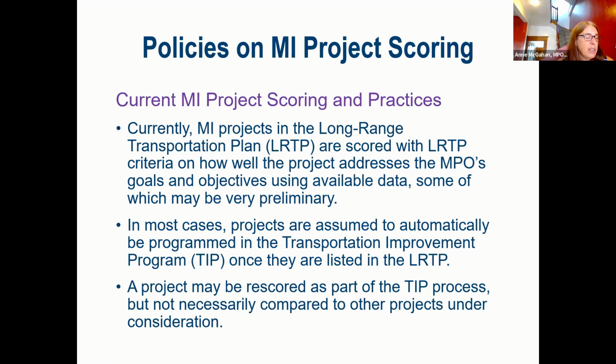In almost all cases, once the project is listed in the LRTP in the later time bands, the project will automatically be programmed in the TIP when the project design is advanced and the project is ready for TIP programming. The project may be rescored as part of the TIP process using the more detailed design information, but in most cases, it is assumed that it will be programmed in the TIP regardless of its score. The project is not necessarily compared to other projects that are being considered for programming at that time.